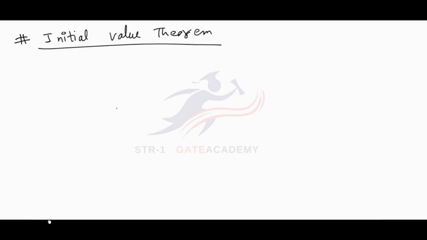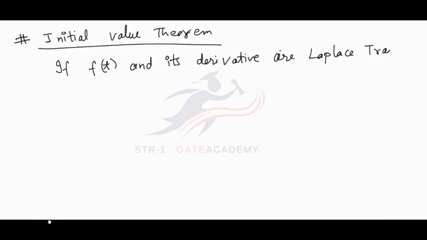Then one more thing I would like to discuss here is the initial value theorem. What is the initial value theorem? Let's say if f(t) and its derivative are Laplace transformable, that means Laplace is possible.